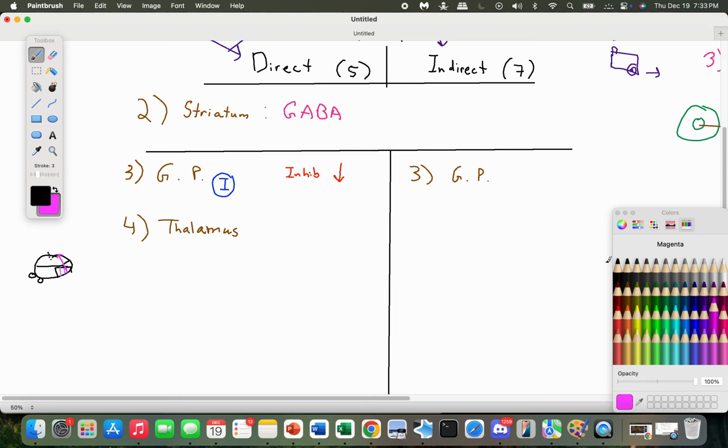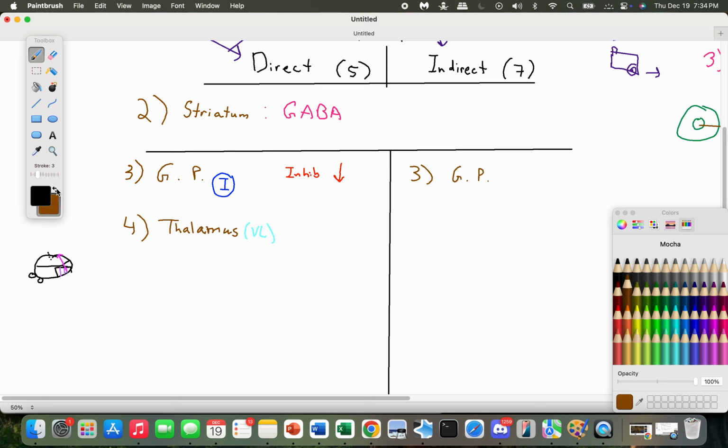Okay, and if you watched the video that I made, you would actually know that the part of the thalamus that we're talking about is going to be the ventral lateral part, the VL, because there's a ventral anterior and a ventral lateral. And ventral anterior is more like proximal limb structures, maybe more upper, but VL is going to be your group for talking about movements as the signals go through the thalamus.